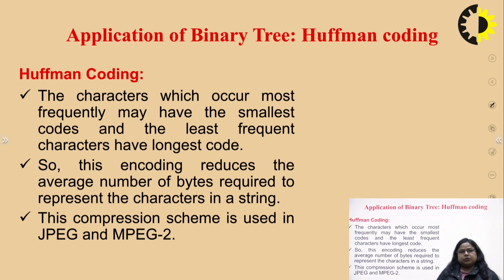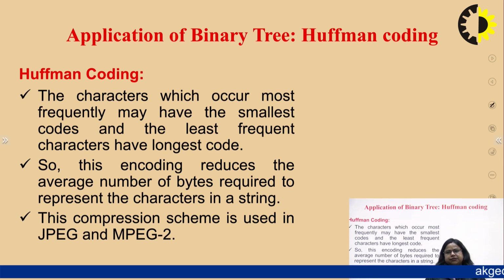In Huffman coding, the characters which occur most frequently have the shortest codes. For example, generally in sentences we find that a letter is used repeatedly, so if it is repeated frequently, it gets a small length code. And the least frequent characters have the longest code, right?